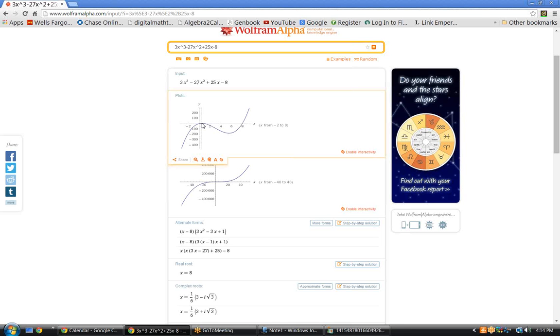On mine, it appears to touch the x-axis, but if it was, it would have a real root right there. 2 imaginary roots and 1 real root means it only crosses the x-axis one time. So in reality, this root right here is not all the way up and touching the x-axis. This one is. And this is your answer.